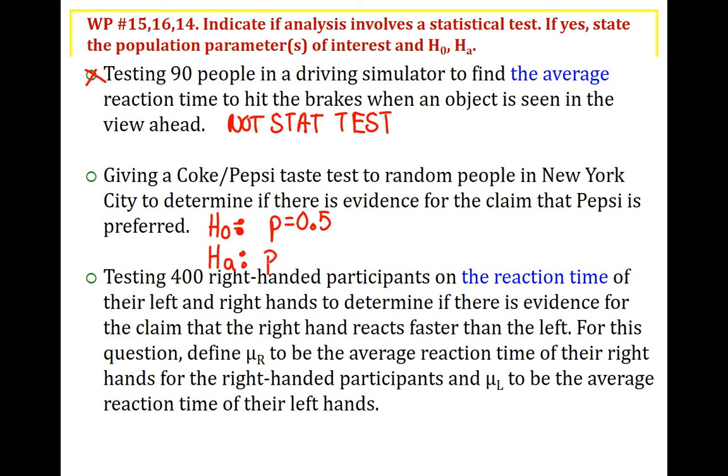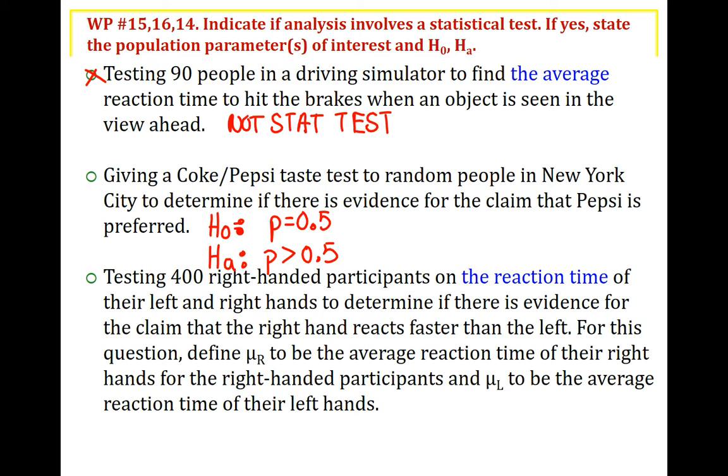Well, now remember, I'm seeking evidence for the claim that Pepsi is preferred. In other words, more of. I want Pepsi proportions to be greater than 1/2. The higher that proportion becomes, the more evidence I have gathered that says Pepsi is really preferred compared to nothing going on.